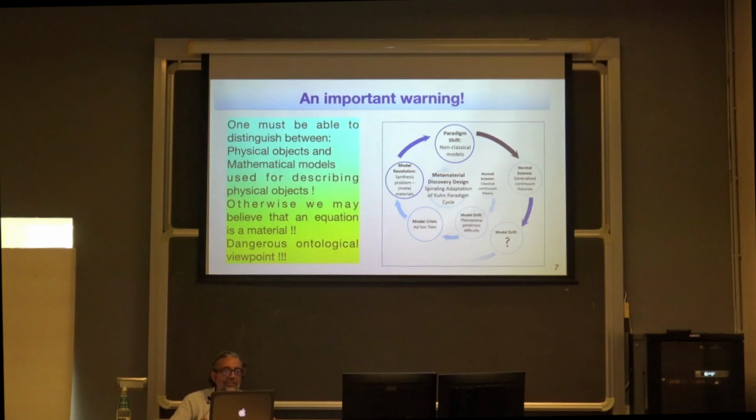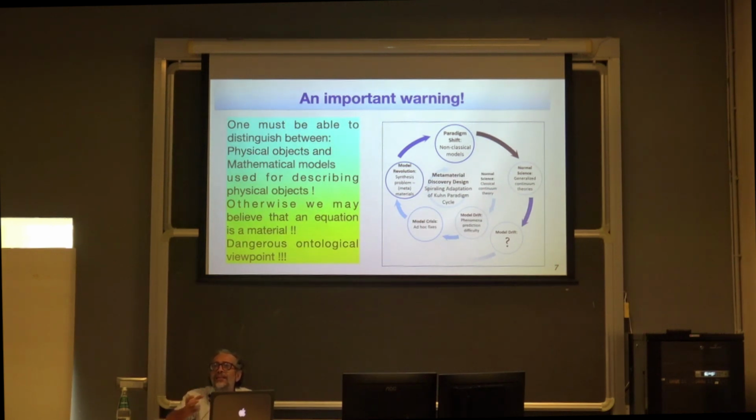Now, an important warning. One must be able to distinguish between physical objects and mathematical models. Okay? So we must avoid believing that an equation is a material, which happens very often.